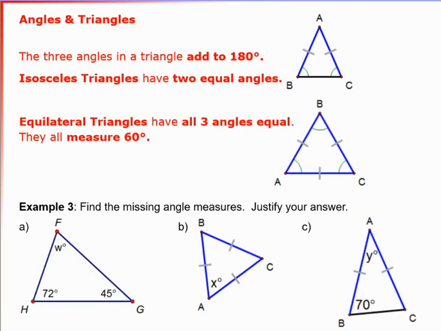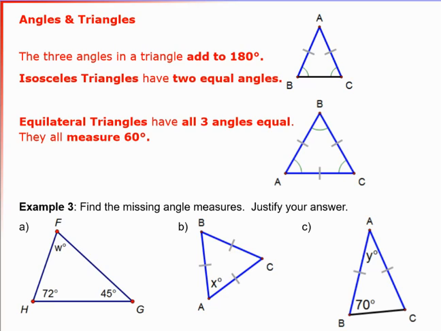Well, it's not always just about the angles that are made from line segments. We also have angles within triangles, and some common ones that you may remember from previous years are different types of triangles. So the three angles in a triangle should add up to 180.